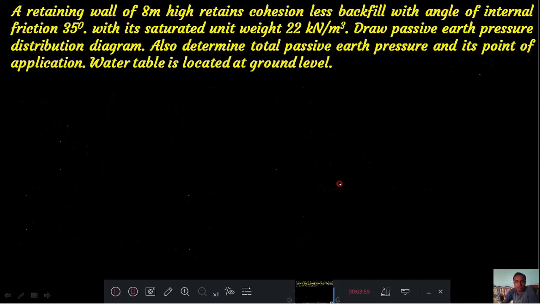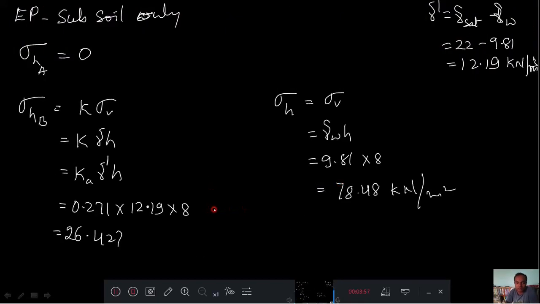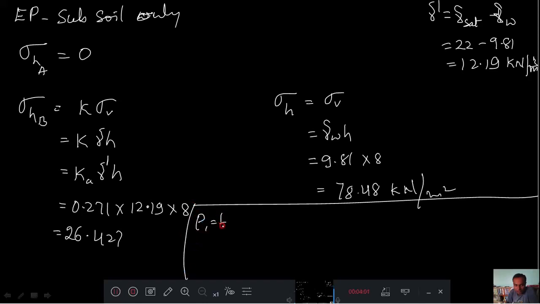Therefore, coming to here, I will calculate P1 equal to half into the 26.427 into 8, and P2 equal to half into 78.48 into 8.